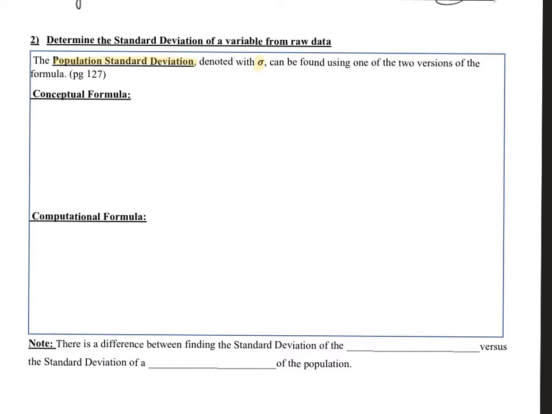There are two different ways we can write out the formula. There's the conceptual formula, which is going to be sigma, or your standard deviation.